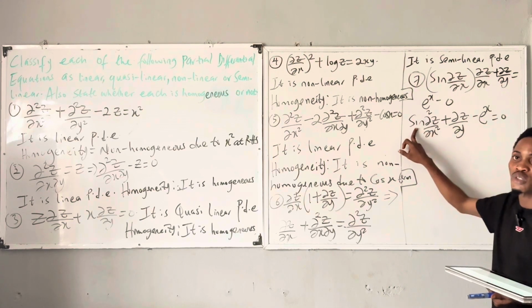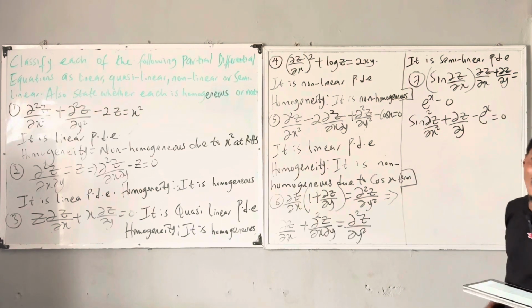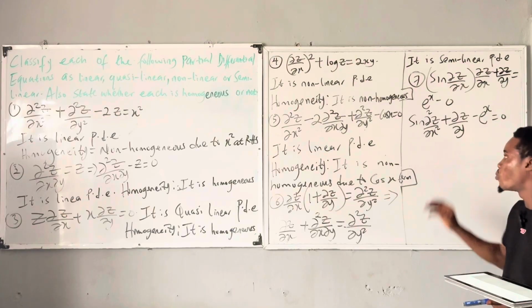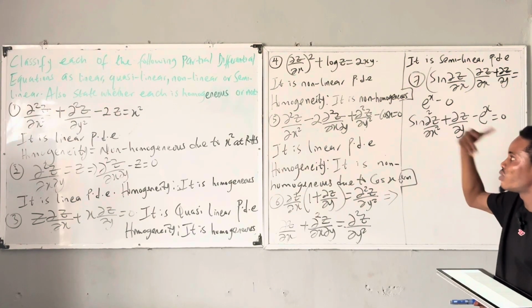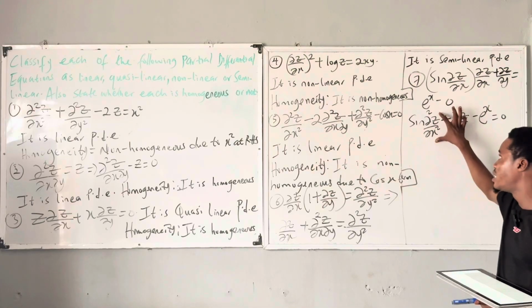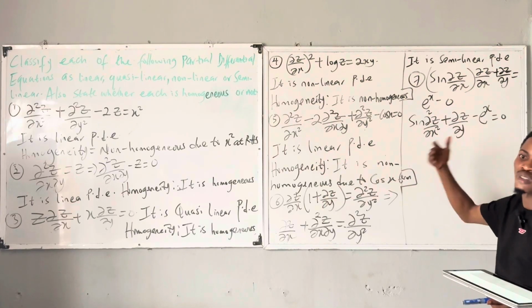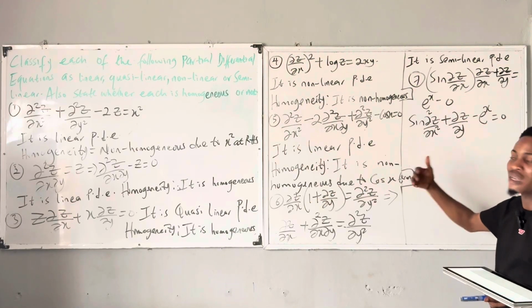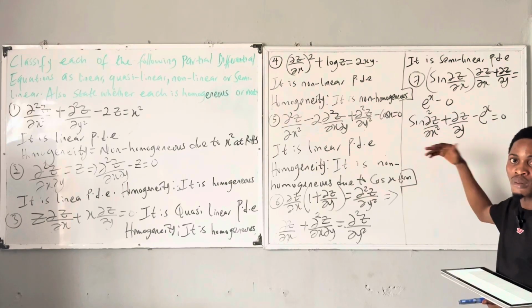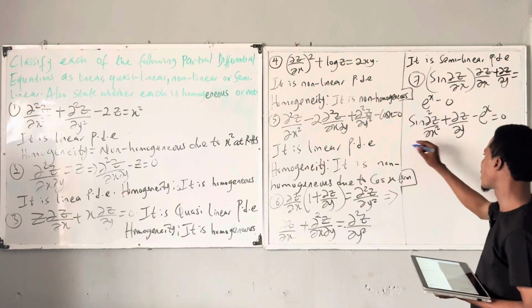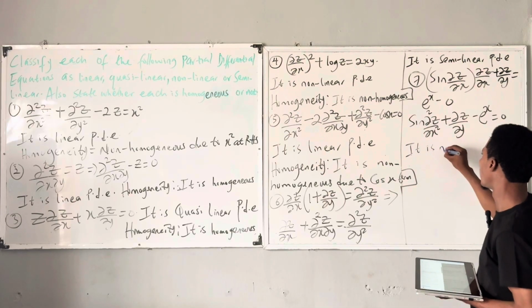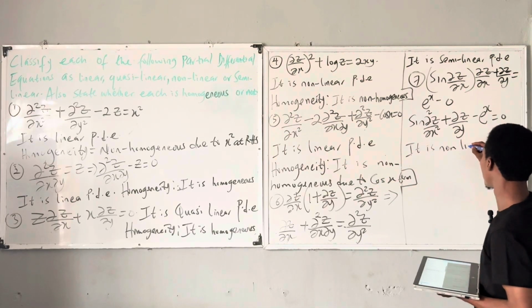Whenever a trigonometric function is multiplying a derivative, we classify the degree as undefined. Because the derivative is multiplied by sine, we classify it as non-linear, and the power must be more than 1, such as 2. So it is non-linear.